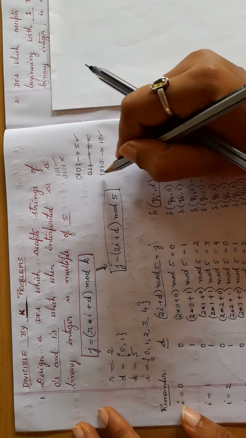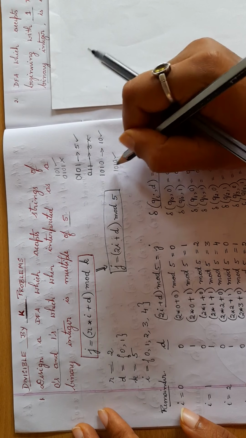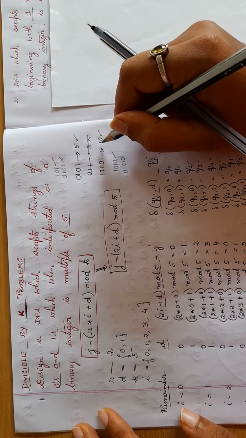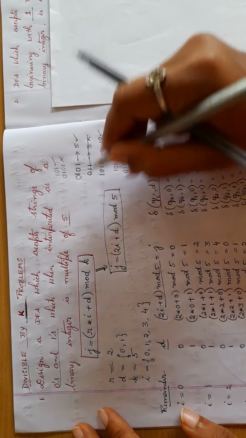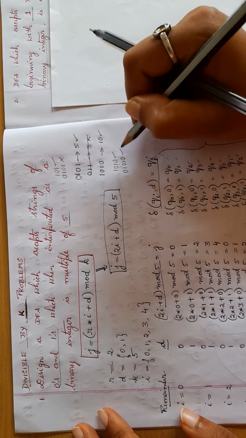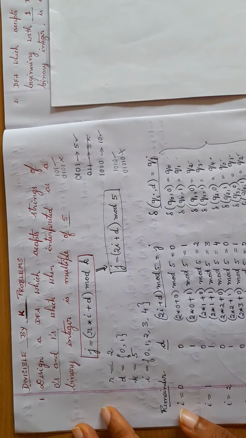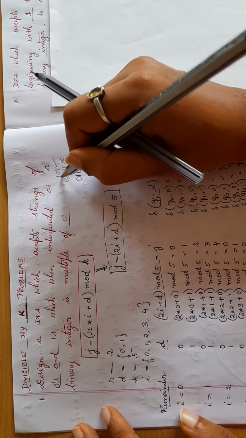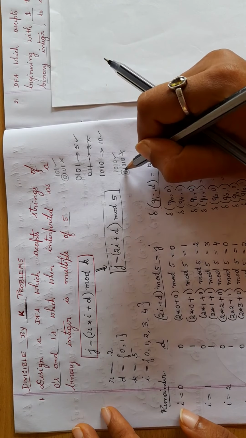If I add a 0 in the beginning, 01010 is still 10, divisible by 5. So for the first question it is valid, but for the next question it is invalid. So you have to write one more condition.